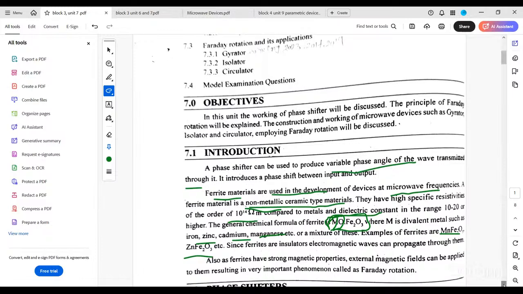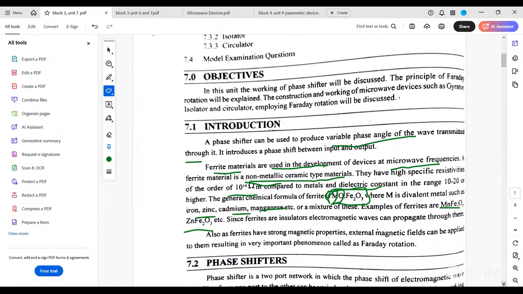Now this works on the principle of Faraday rotation, so we will call it Faraday rotation. In this input to output setup, in the middle, what do I have? A magnetic field. I am applying an external magnetic field, a strong external magnetic field. The magnetic field we are applying is very strong.